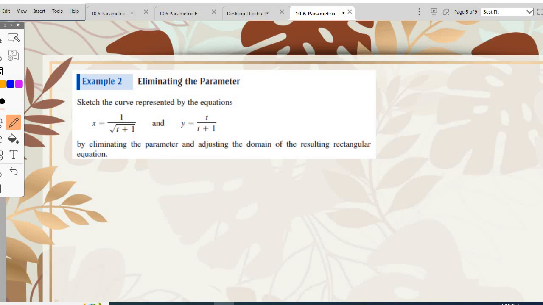Now we have x equals 1 over the square root of t plus 1, and y equals t divided by t plus 1. We have to solve for t in one of those. Doesn't matter which one. Which one might we want to solve for? How many t's do we have on the second one? 2.